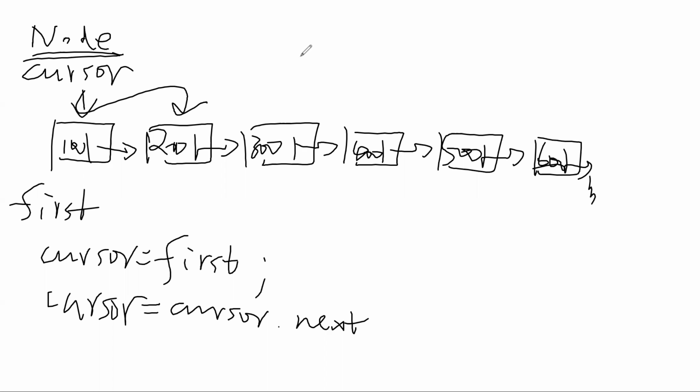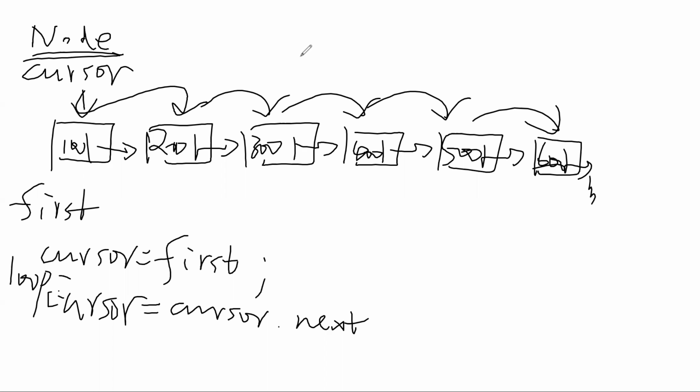And if you keep doing this in your next iteration, you can use a loop. Within the loop, you keep doing this. Then your cursor is going to move to the next, to the next, to the next. This is kind of like you are on the Amtrak.